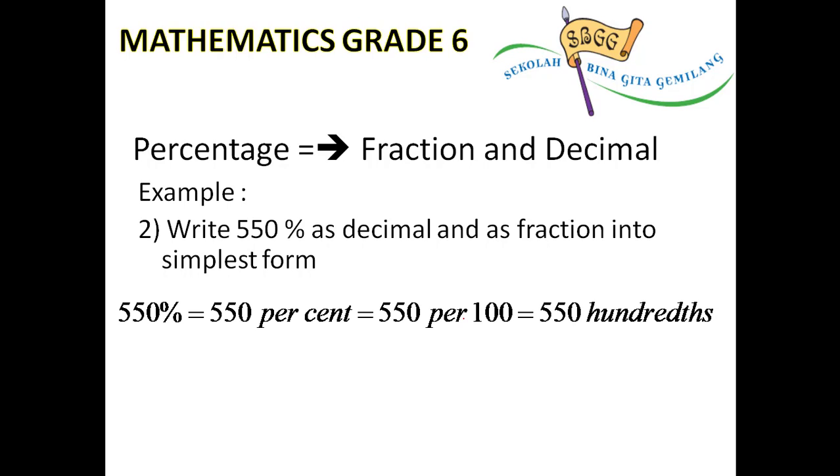So remember that 550% is equal to 550 per hundred or 550 hundredths. Okay, so you write it in division form: 550 divided by 100 or 550 out of 100.